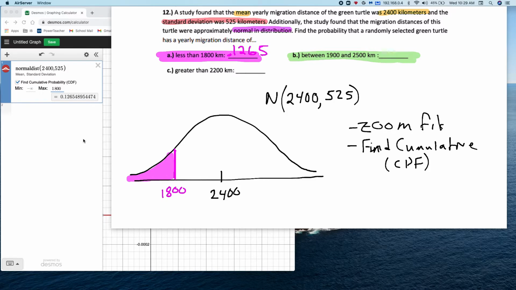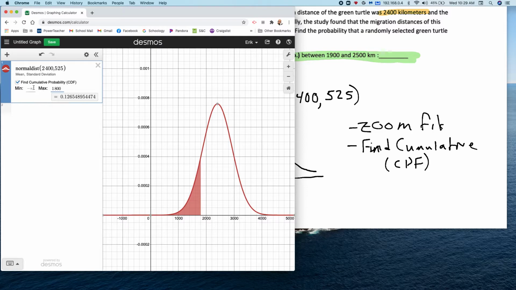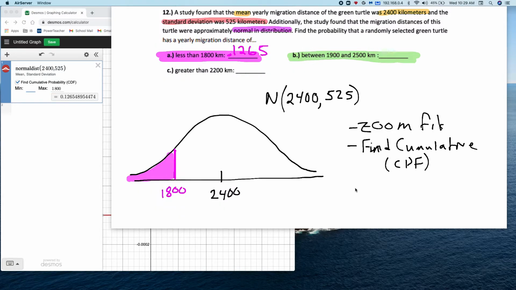If you think about what that would look like over here, it might look something like this. 1,900 might be somewhere right here. 2,500 is just to that side of it. And we're talking about this space in here. I'll show you what Desmos will do for you.